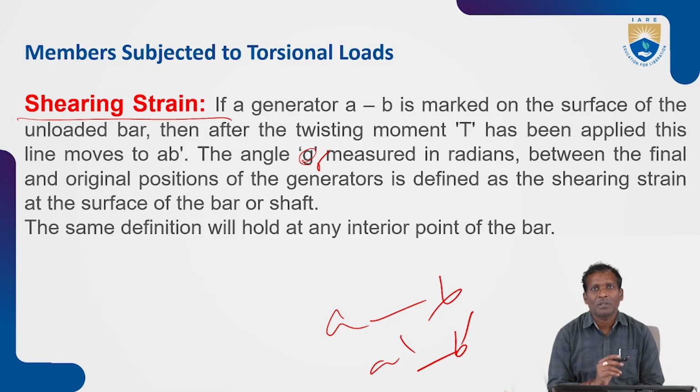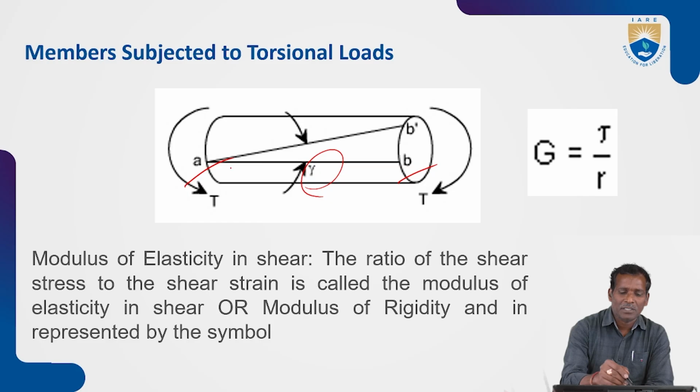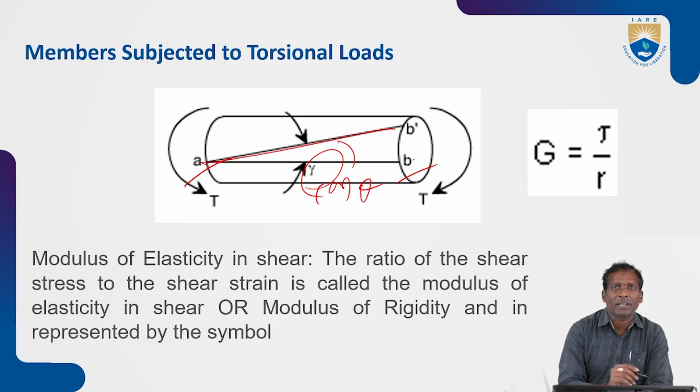The same definition will hold at any interior part of the bar. See here, so this is the angle. So you can refer gamma with R theta, B to B dash.